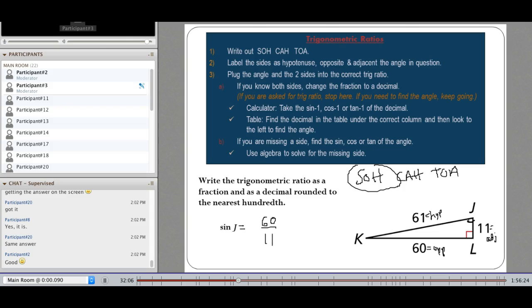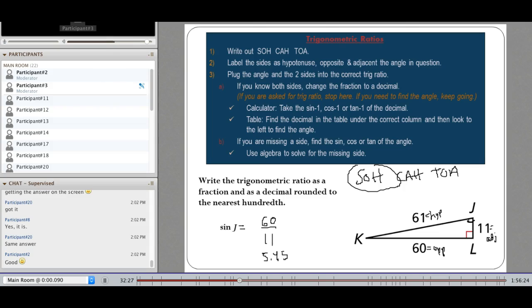So 60 divided by 11 we get 5.4545 repeating. So I'm just going to round that to 5.45. Okay, so that is the trig ratio.